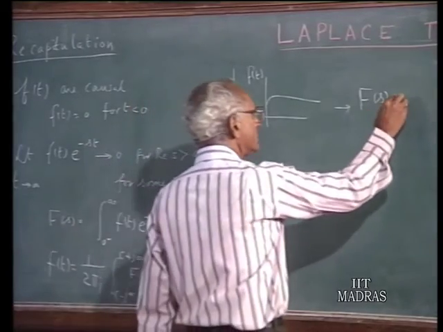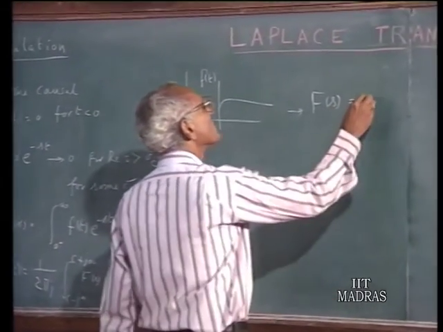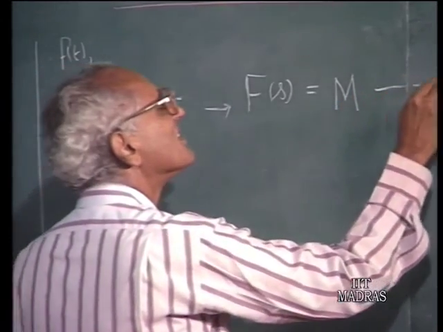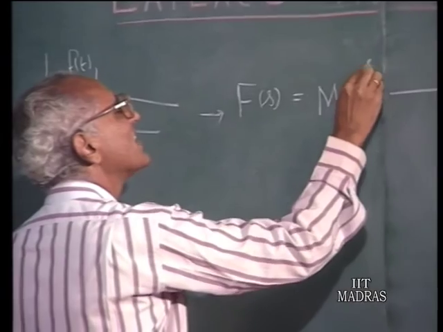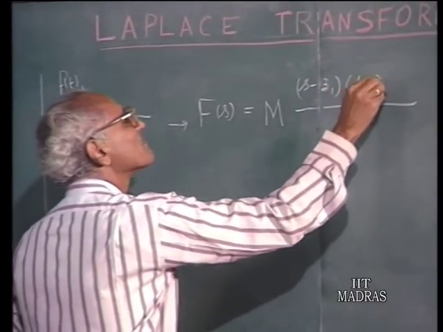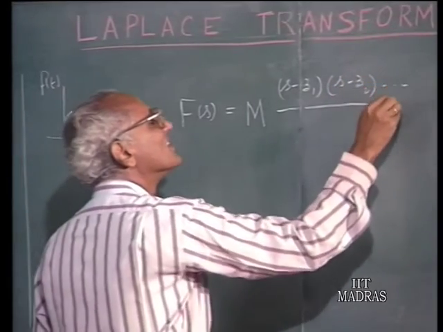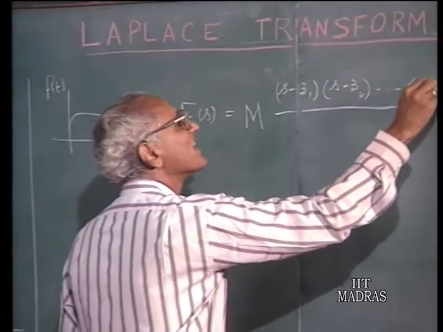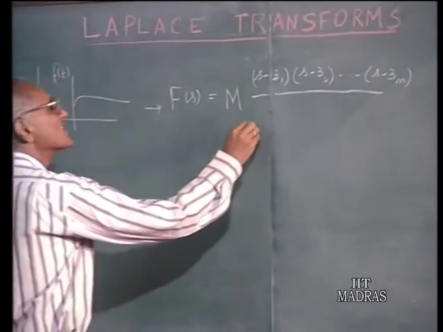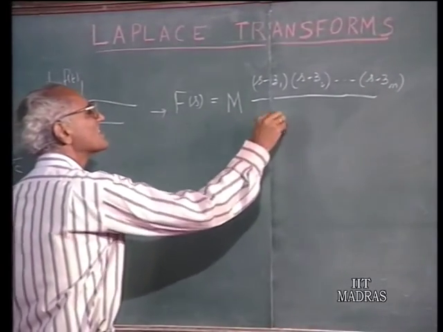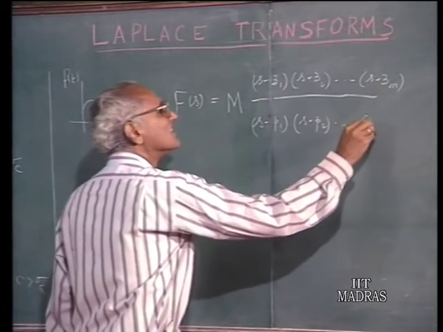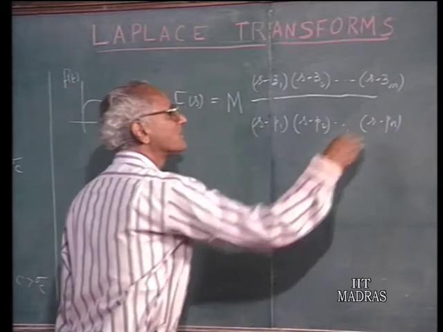The two polynomials could be put in the form where the numerator is factorized as s minus z1, s minus z2 down the line to s minus zm, and the denominator likewise is factorized as s minus p1, s minus p2, s minus pn.